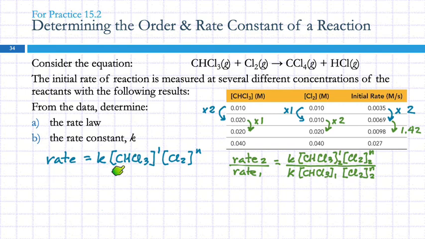This is what we know about the rate law. This is going to be true for all of these experiments. If the rate is equal to this, then we can divide by the same thing and we're not changing anything. We're dividing both sides by the same thing because rate 1 is equal to this.